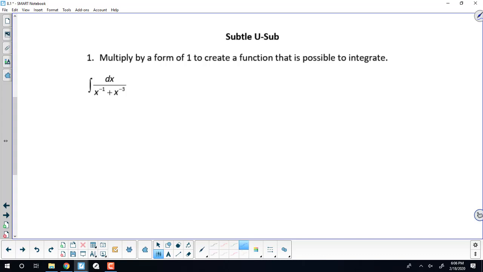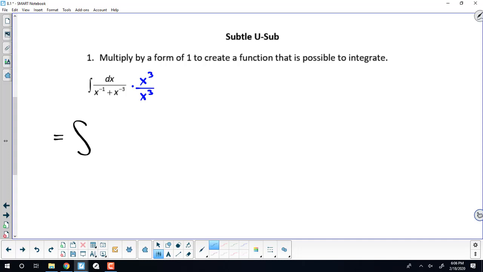So, these weird negative exponents in the denominator, we're going to multiply through by x cubed over x cubed, just so we can get rid of the negative exponents. You can't just bring them up, because they're added, right?